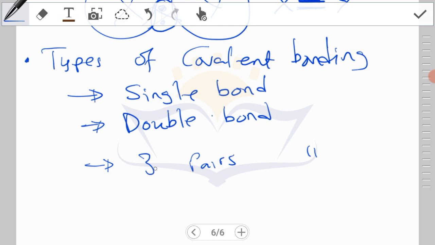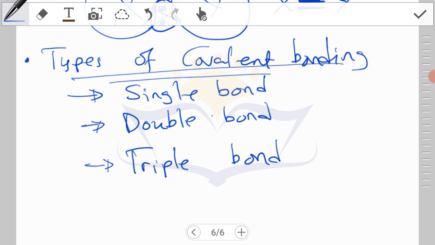So tikungopanga conclude kuti therefore ngati tili ndi 3 pairs of electrons, imeneyo automatically ili ndi triple bond. Other types of bonds ndi otheka koma they are very rare and zimatengera kuti ma atoms omwe ali involved ndi ati. So these are the common types of covalent bonding, and they are existing by the sharing of electrons between ma atoms.